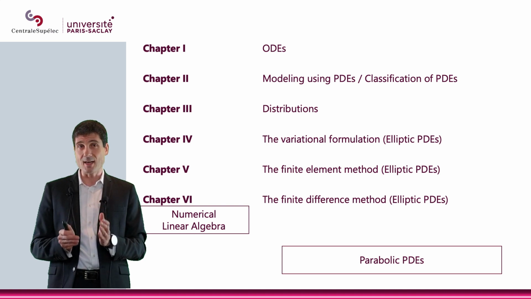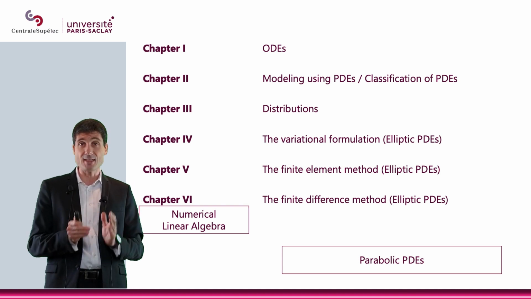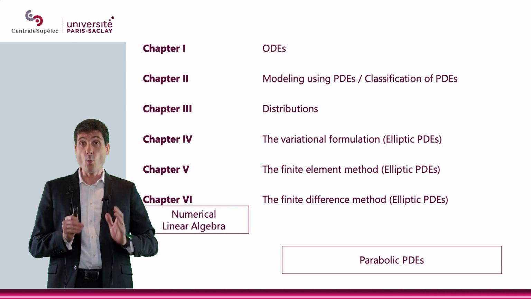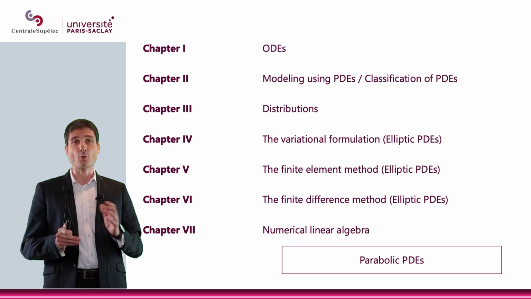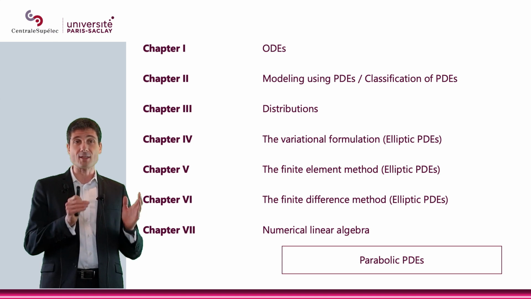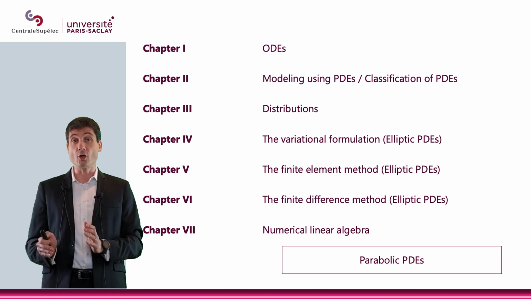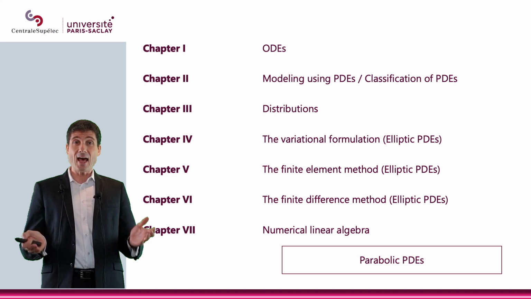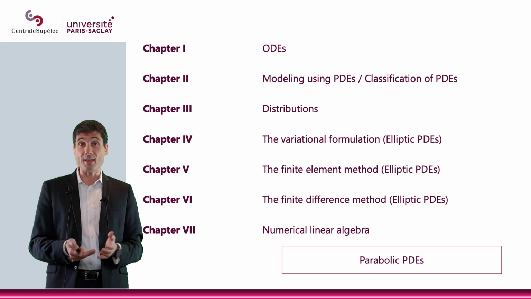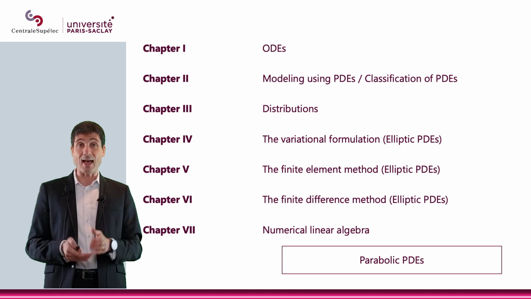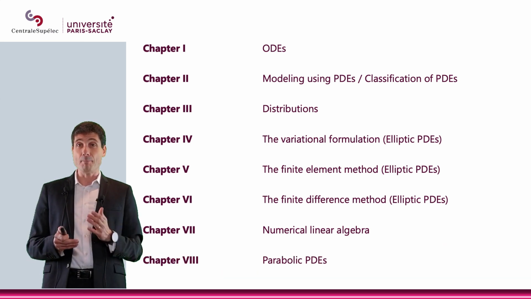And as you can see in both chapters 5 and 6, as you will be able to see, we will need to solve these large systems. And so we'll come up with strategies for doing so in chapter 7, numerical linear algebra. And at that point, we'll be ready to introduce the next step, the other class of PDEs we'll actually deal with in this class, and that will be parabolic PDEs.